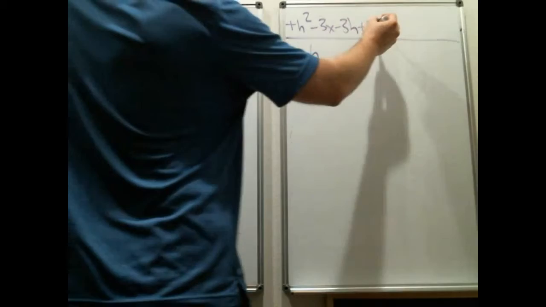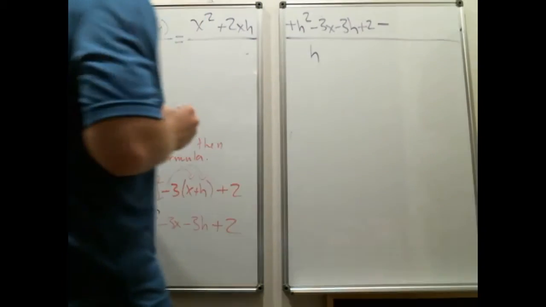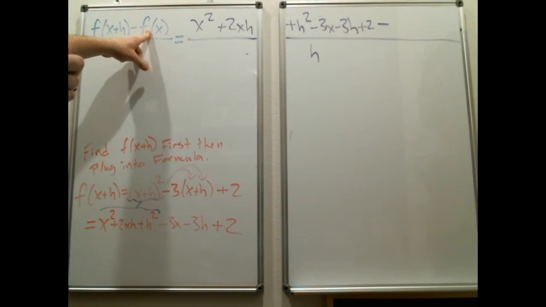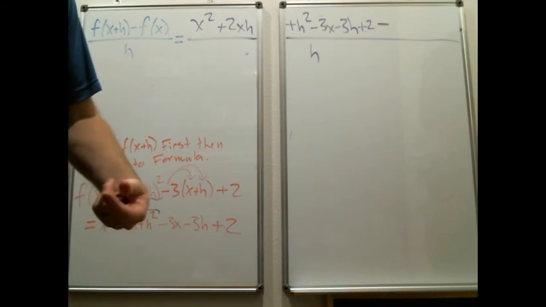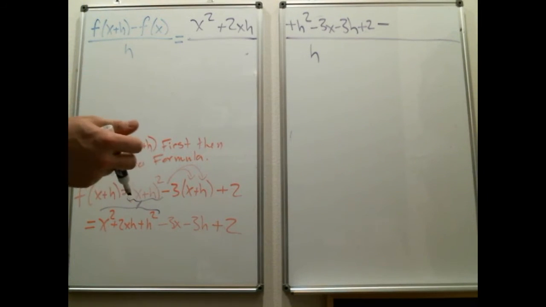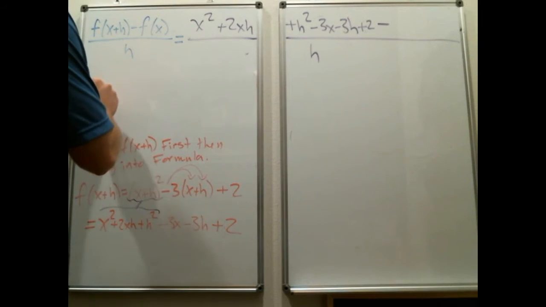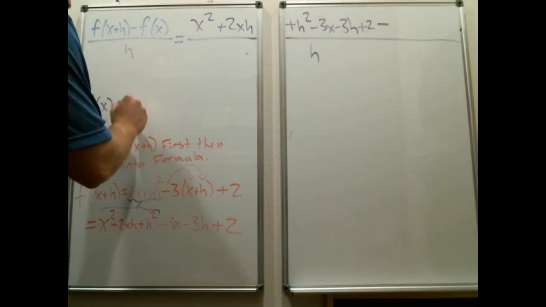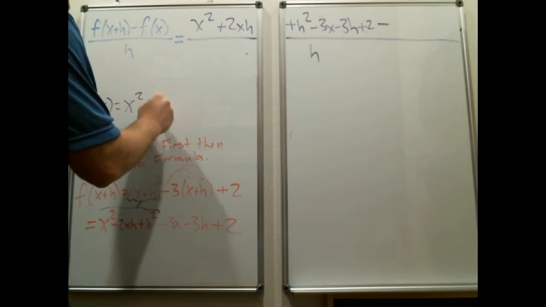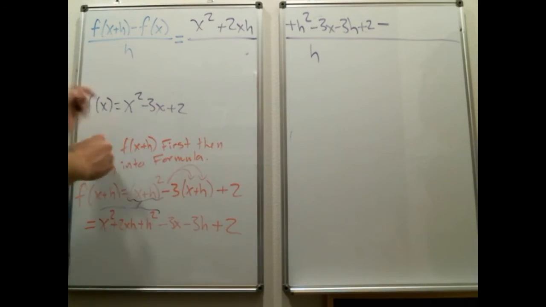So now we have this minus sign that's part of the equation of f of x. And I already erased f of x, which is not good. Sorry. So f of x was x squared minus 3x plus 2.